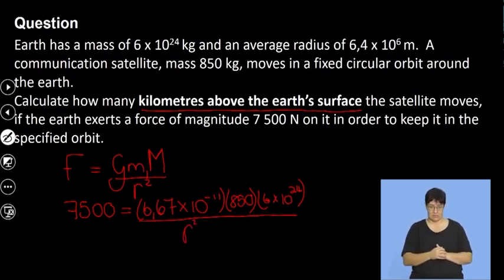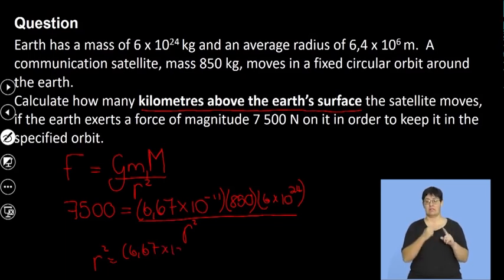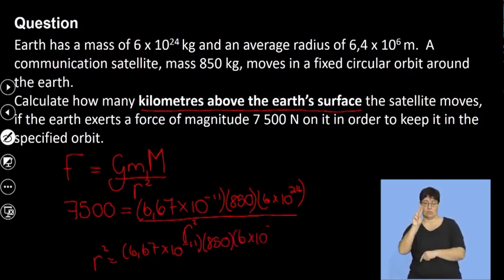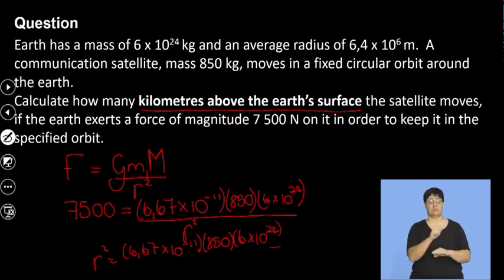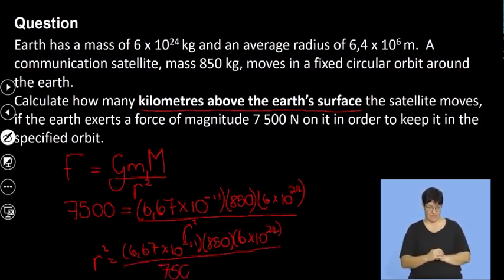I'm going to take the R to the one side, so we've got R squared equals 6.67 times 10 to the minus 11, times 850, times 6 times 10 to the 24, and that's all going to be divided by 7,500.